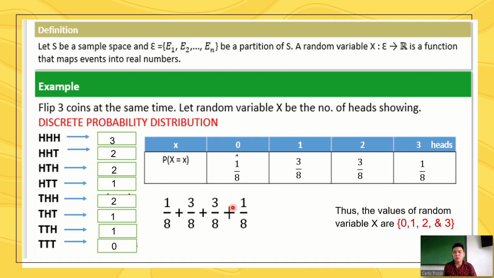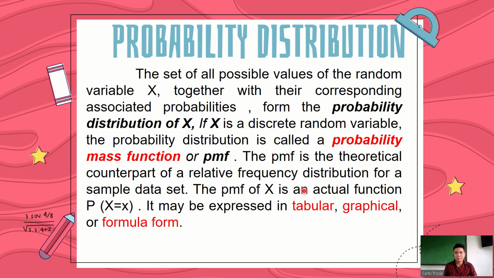So we are going to add 1 plus 3 plus 3 plus 1, that is 8 over 8, or equal to 1. A discrete probability distribution should always be equal to 1 or 100%, right? It is just like you're having the percentage, or what we call the probability. So discrete probability distribution should always be equal to 1.